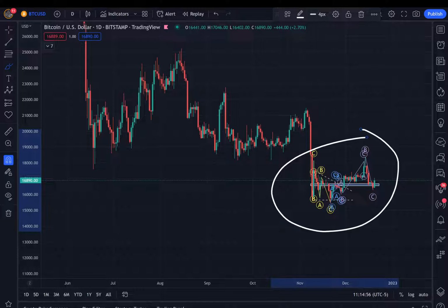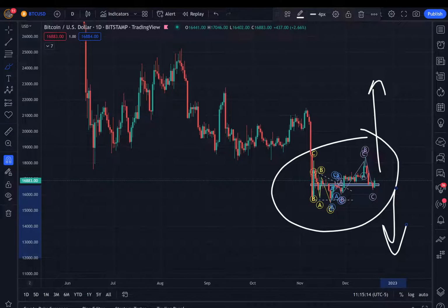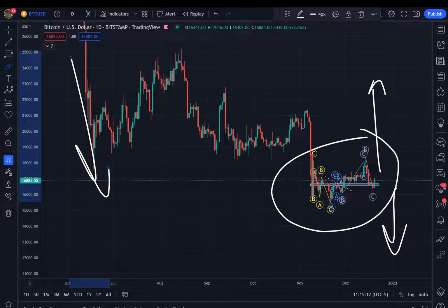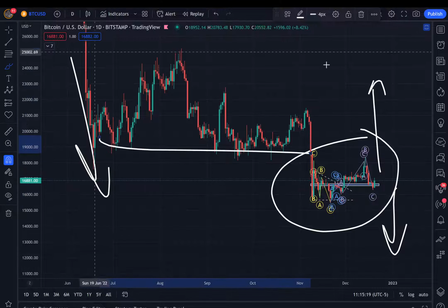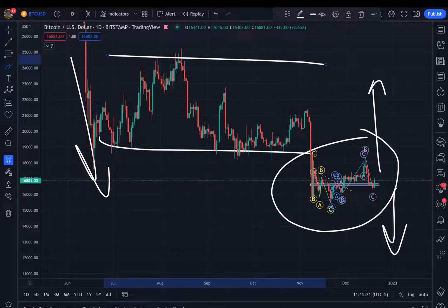And for the bull market to even happen in 2023, or any time before like the end of 2023, this has to break up. Very simply put. Because if this breaks down and we create a continuation of this trend, you have to repeat the absorption of the supply. Does that make sense? Like, you can't just break down and then break up again. Do you see what I mean?